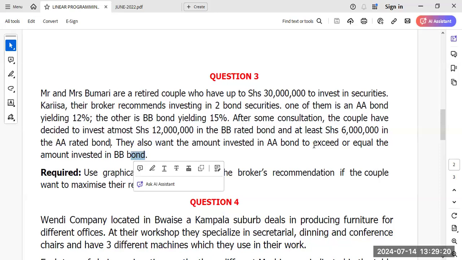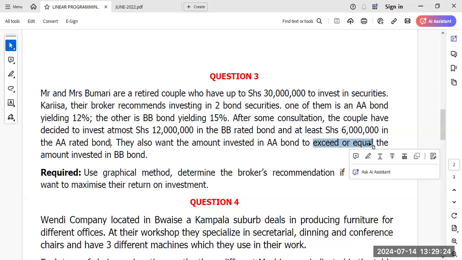Are you saying where you have exceed or equal? Which inequality can you press here? Greater or equal to.